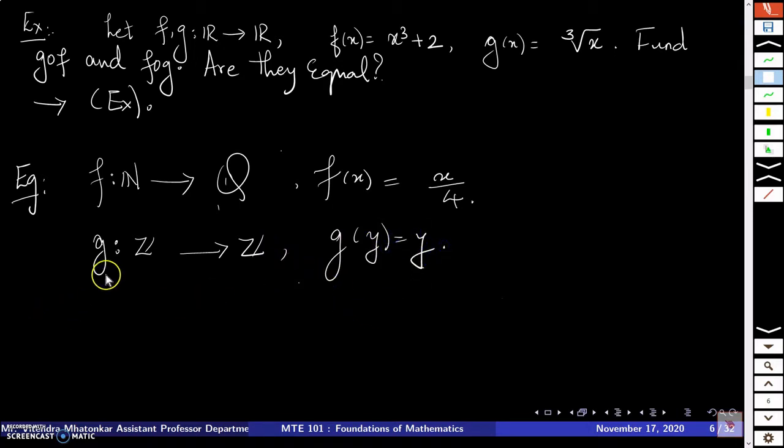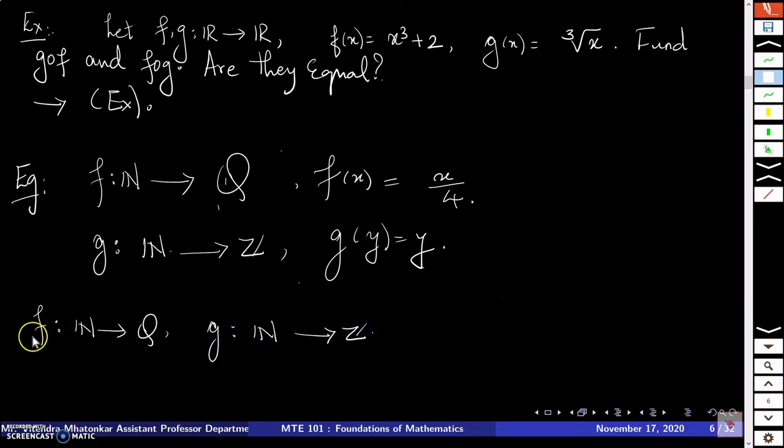Then can I talk about the composition of f and g? That is the question. Or I can pick this to be the set of natural numbers. Yeah, let's keep it this way. Now f is a map from N to Q and g is a map from N to Z, right? Now what is the range of f?